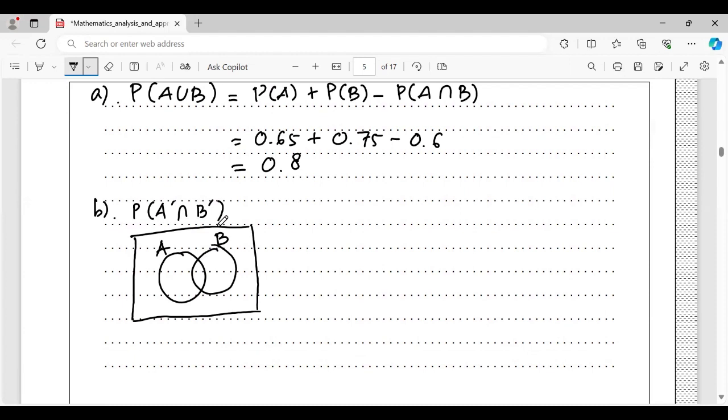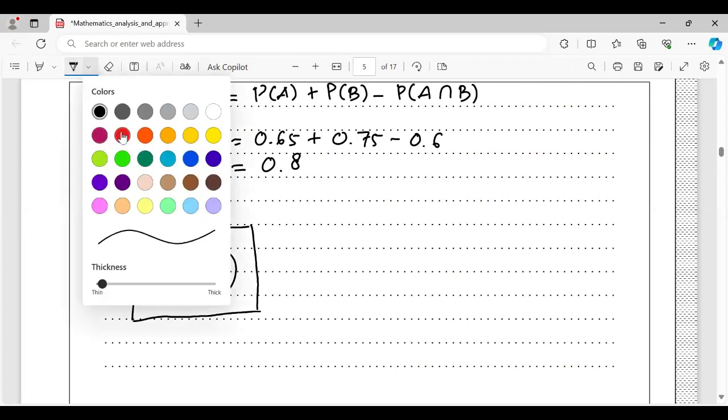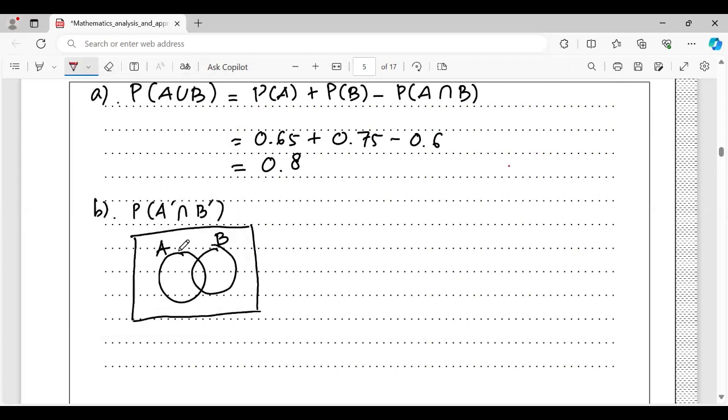A, B. Firstly, I will shade the area of non-A. Non-A, it means this area. Okay. After that, area non-B.